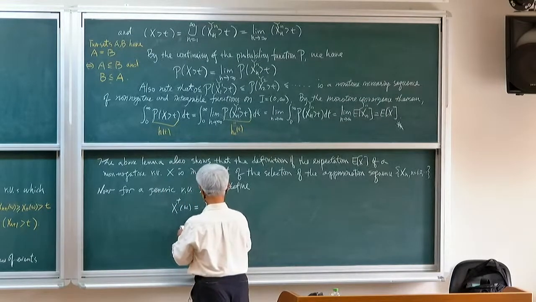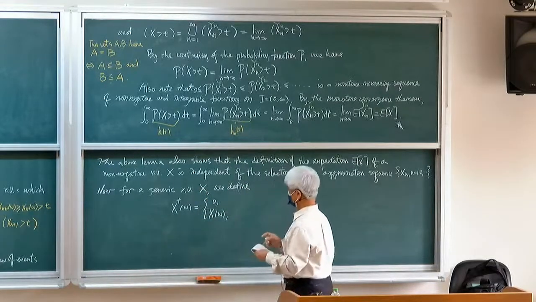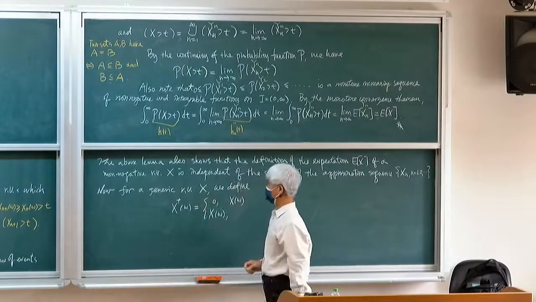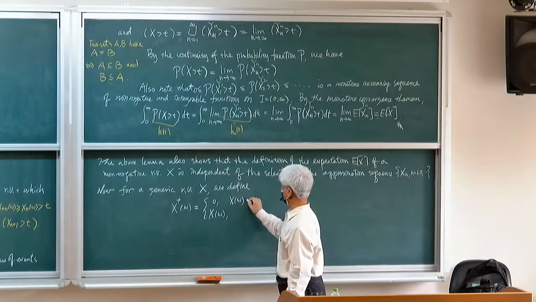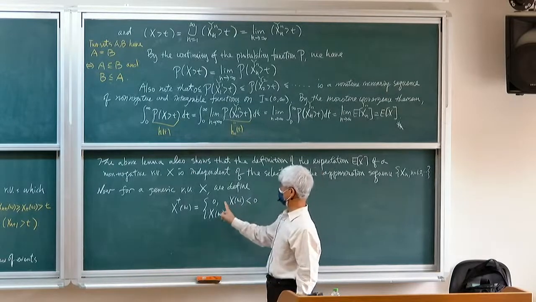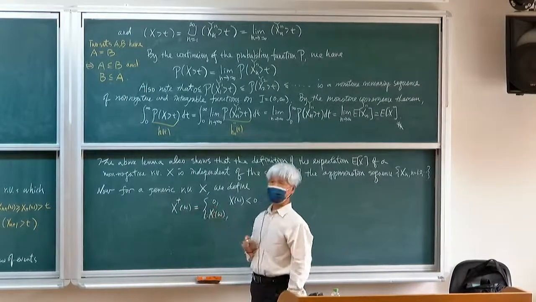For the positive part, if the value of the random variable at the outcome omega is negative, then we assign X plus to be 0.